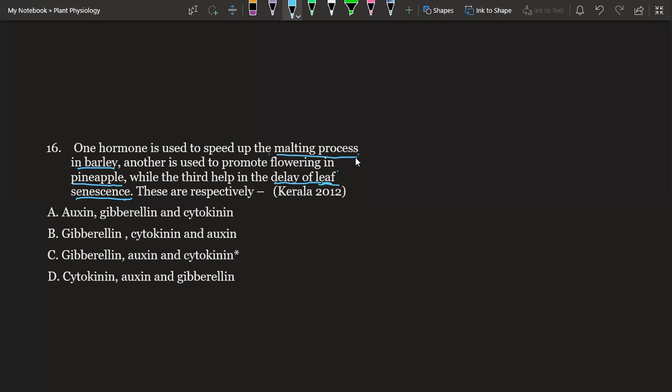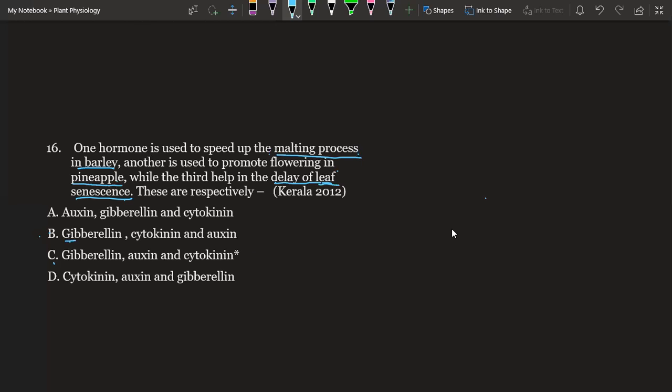Malting process of barley, that we have told, that is gibberellin. Gibberellin is the hormone which promotes malting. So our answer may be either this or this. Then, promoting flowering in pineapple is either ethylene or auxin.